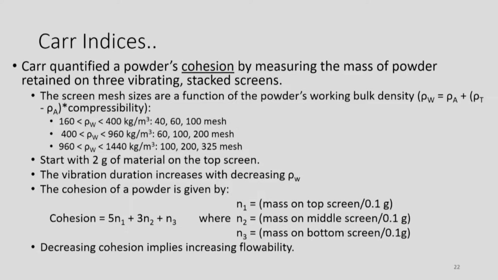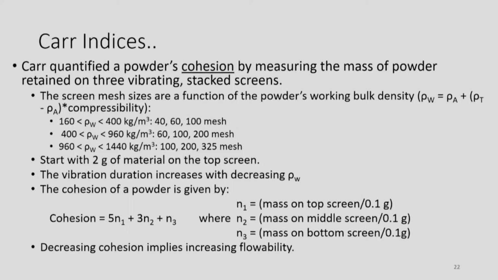So how he measured cohesion was this: he sieved the powders using three different sieves, and the size of the sieve opening depended on the density of the particles. Based on the density range, he used three different sizes, defined using the working bulk density, which comes from both the aerated bulk density and the tapped bulk density.